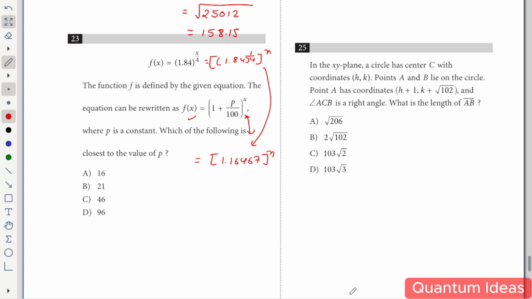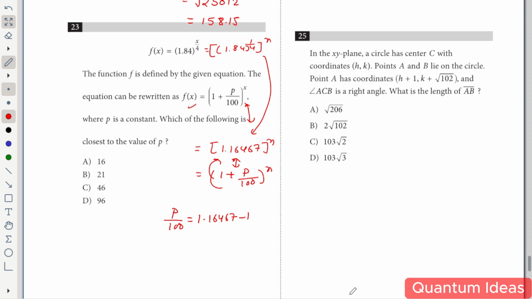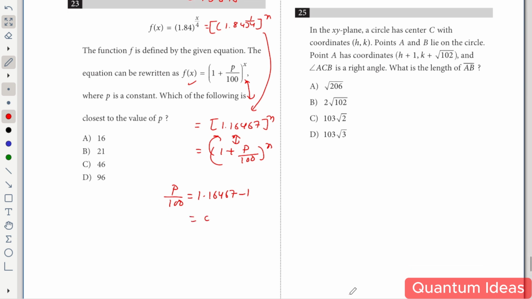So simply you can write this equals 1 plus P over 100 to the power x. Now these two can be equated, so P over 100 equals 1.16467 minus 1, right, 1 goes to that side, and this will be around 0.16467.